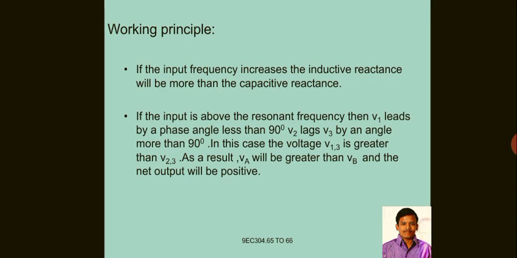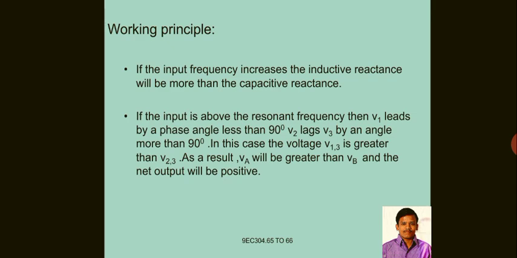Similarly V2 lags V3 by an angle of more than 90 degrees. Therefore V1.3 will be more than V2.3. As a result, VA will be greater than VB. Therefore, net output will be positive.